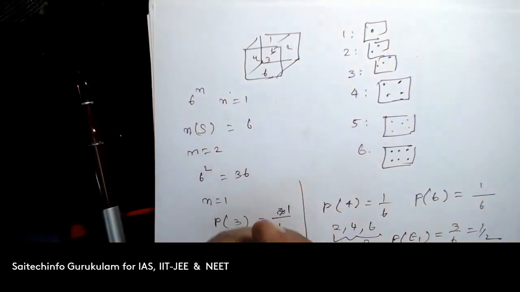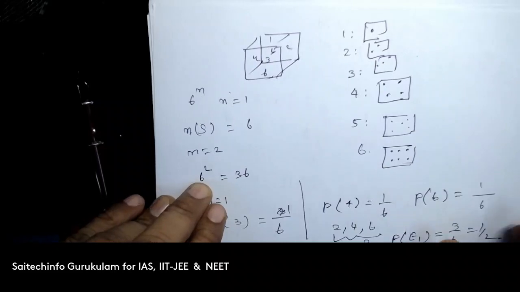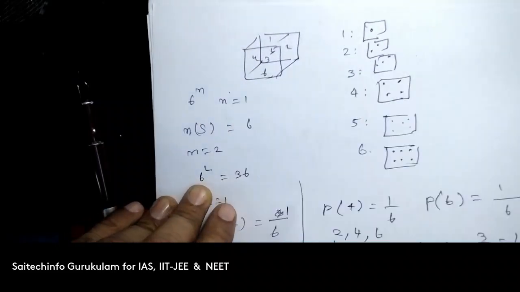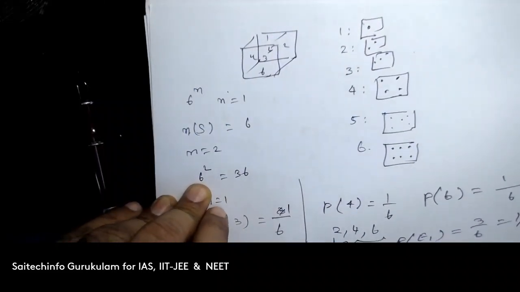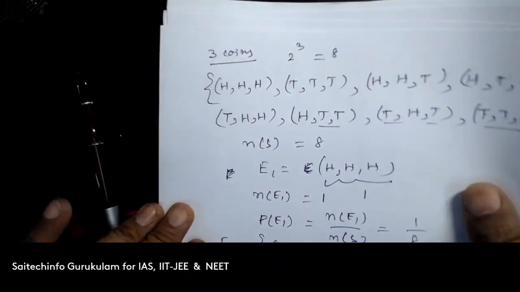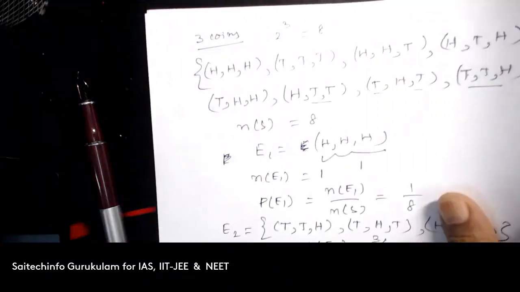Likewise, you have different combinations. Okay, so the doublets means both of them should have the same number if you throw 2 dice. Okay, so we'll discuss that aspect later.